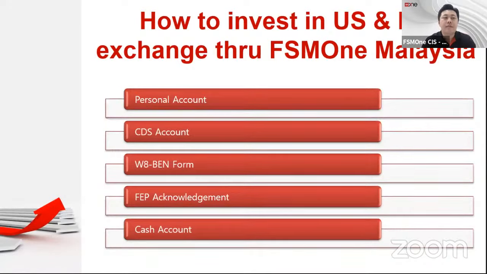If you would like to exceed the 1 million limit per year, you will need to ask us for a declaration form to declare that you do not have any domestic borrowing in Malaysia. Later on, when we go through the live website, I will show you the meaning of domestic borrowing in Malaysia. After you have gone through all the declarations and acknowledgements, you are able to start trading in our FSMOne foreign stock platform.